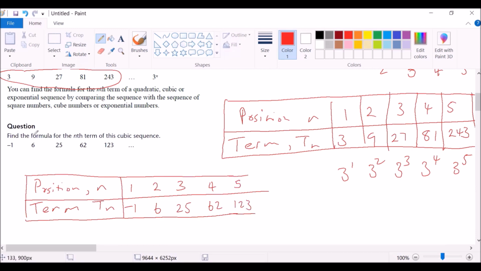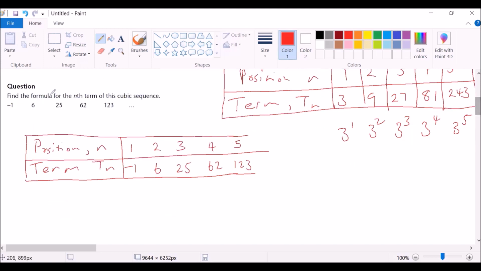So the question says, find the formula for the nth term of this cubic sequence. Since we are told it's cubic, the position cubed has to play a role.